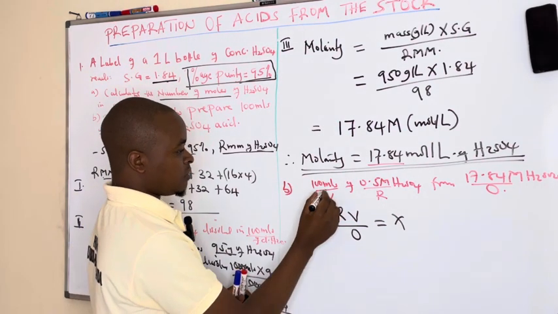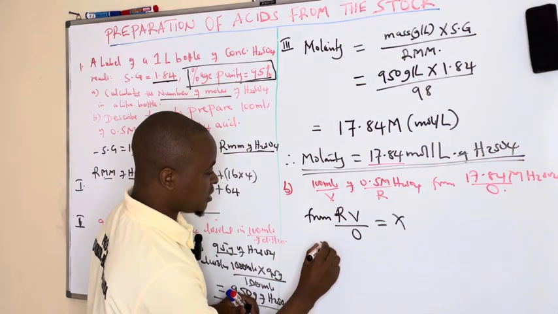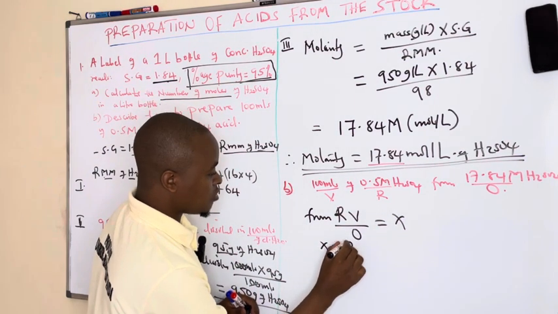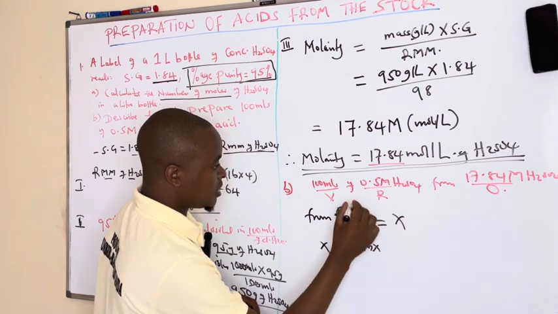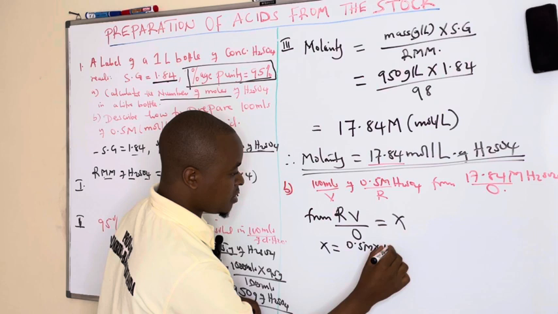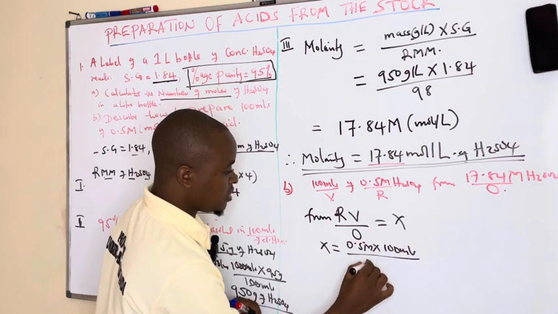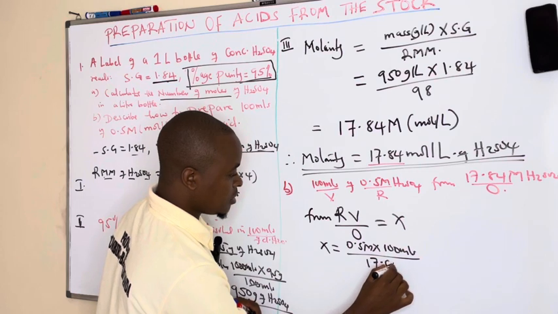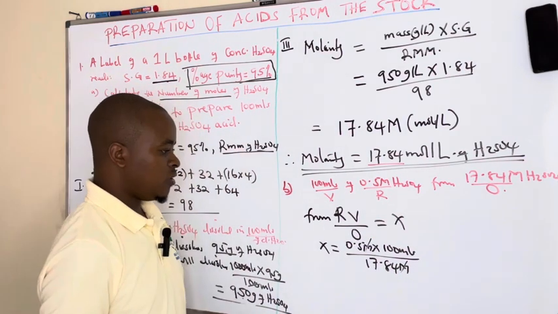So X is equal to 0.5 molar times the required volume, which is 100 mils, divided by the original, which is 17.84 molar. Molar will cancel with molar.